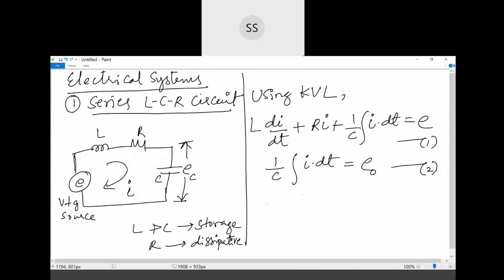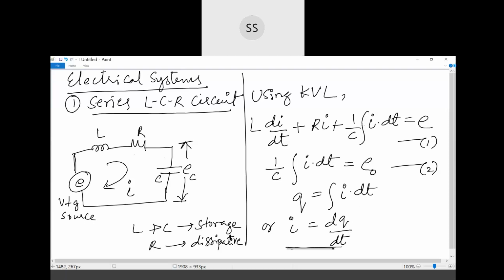We know that the electric charge Q is given by the integral of I dt, or I is nothing but dq by dt. This is an important expression which has to be substituted in equation 1.